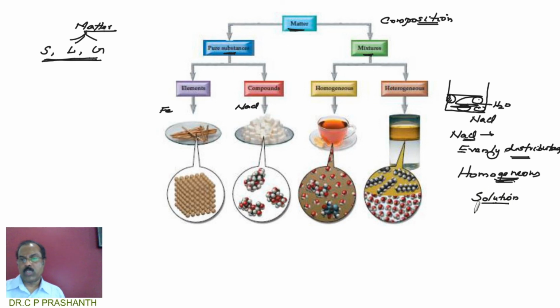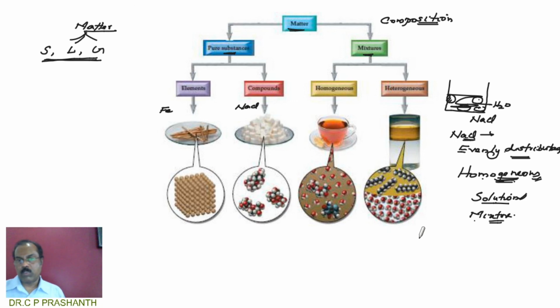We call it a solution. So a solution basically is a mixture. But what kind of mixture? A homogeneous mixture. So homogeneous mixtures are called solutions. So sodium chloride in water is a homogeneous mixture, so we call it a solution.